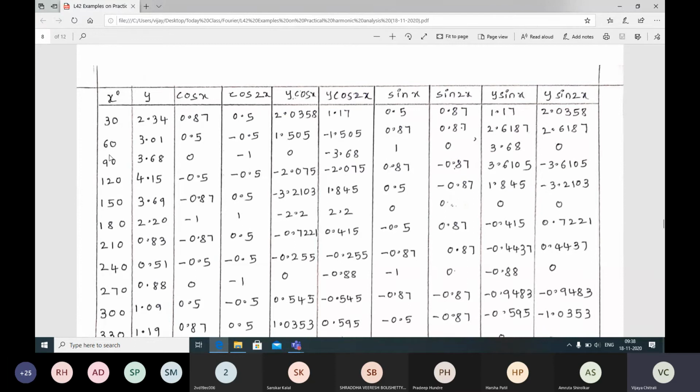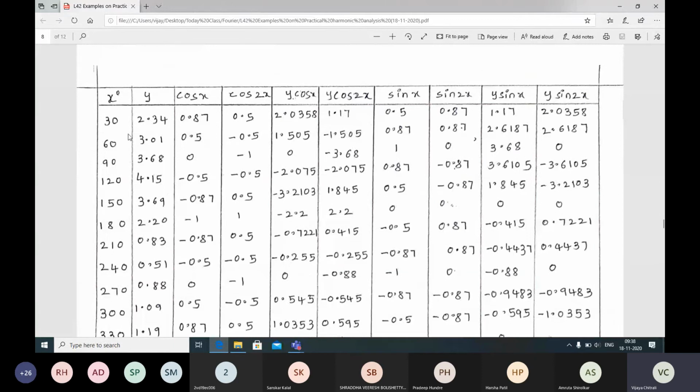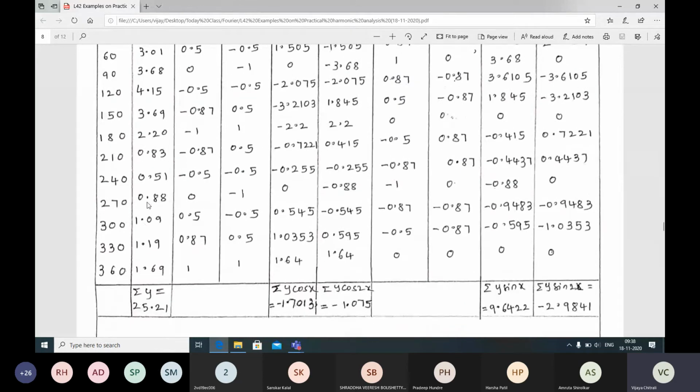x values are 30, 60, 90, 120, 150, 180, 210, 240, 270, 300, 330, 360. Corresponding y values are 2.34, 3.01, 3.68, 4.15, 3.69, 2.20, 0.83, 0.51, 0.88, 1.09, 1.19, 1.69.